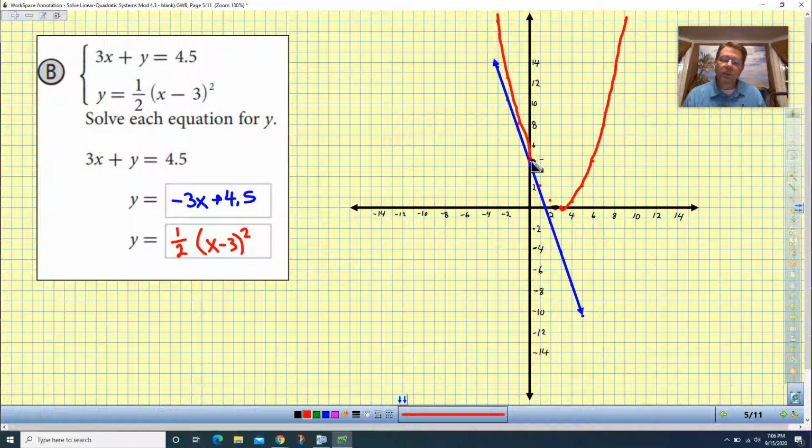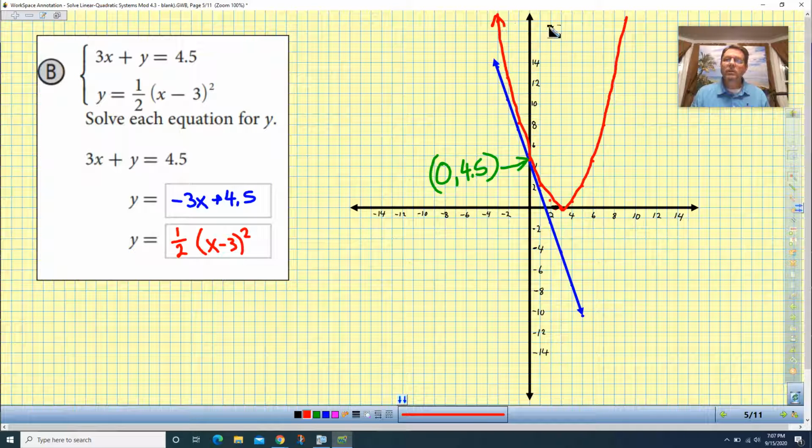So it would appear that we only have one point of intersection, and that's right here at 0, 4.5. That's what it would look like. We have a pretty accurate graph in our drawing, it looks like.